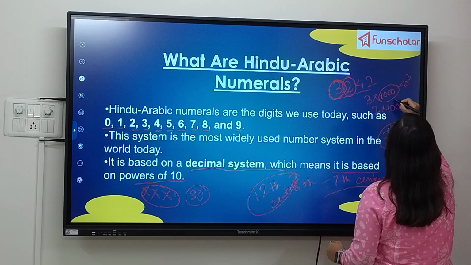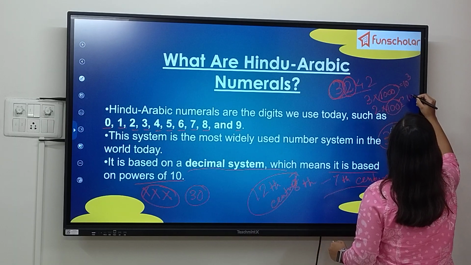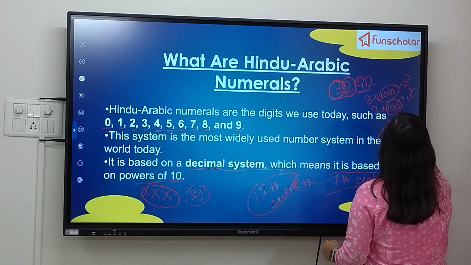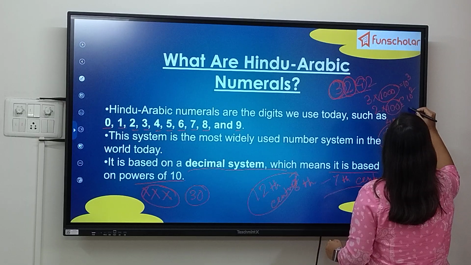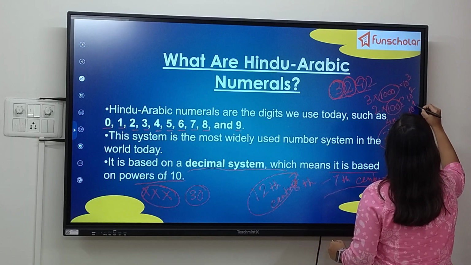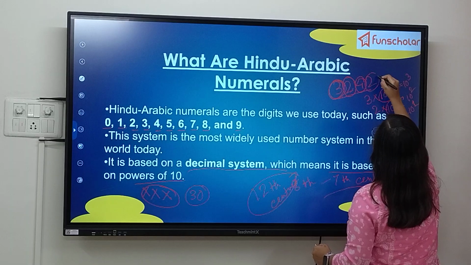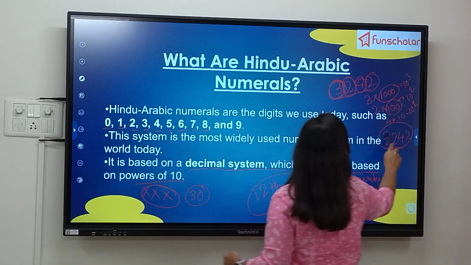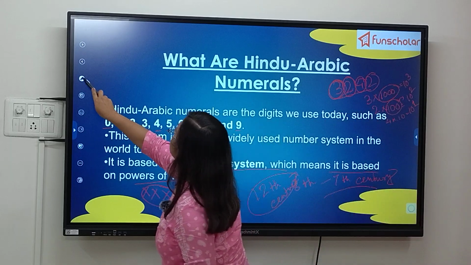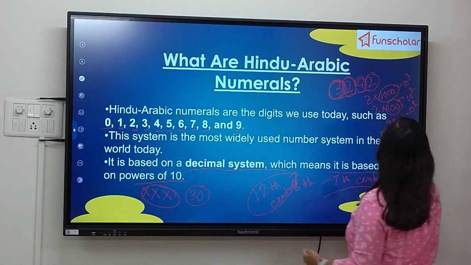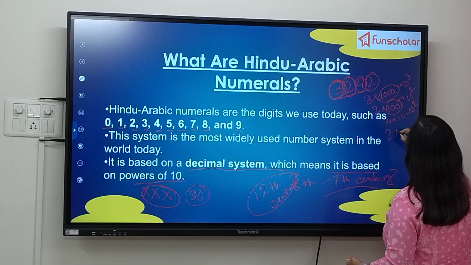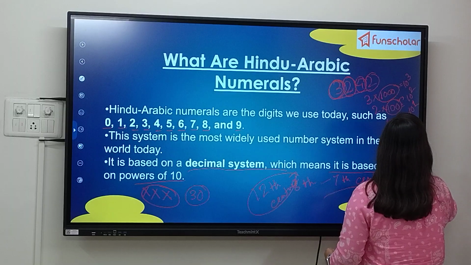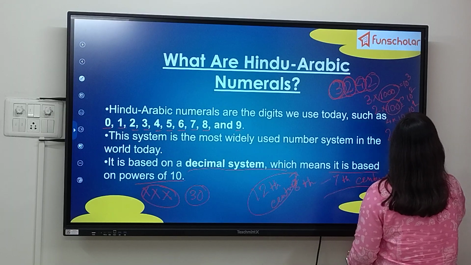Now this 4 is in the tens place, so 4 into 10, and we can write 10 as 10 to the power 1. And if we talk about this last 2, then we can write 2 into 1, 10 to the power 0, that is only 2.